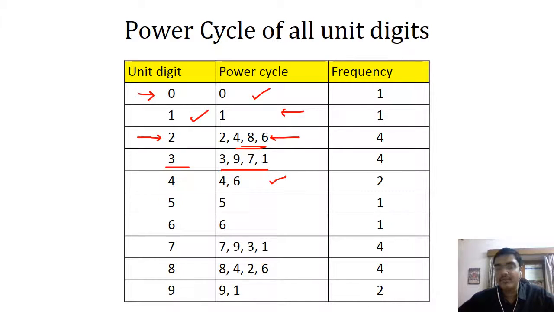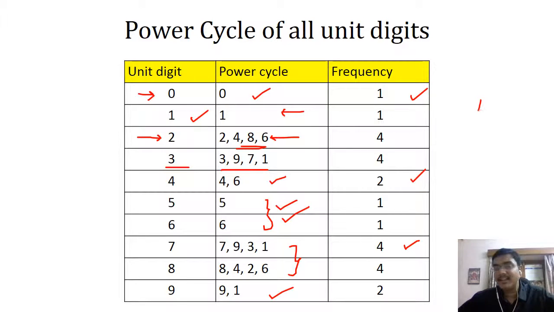For 4, you get 4 and 6 alternately. For 5 and 6, you get 5 and 6 only. For 7 and 8, you get again 4 numbers, 7, 9, 3, 1 and 8, 4, 2, 6. Then for 9, you get 2 numbers, 9 and 1. So in this table, you can see that the frequency is either 1, 2 or 4.